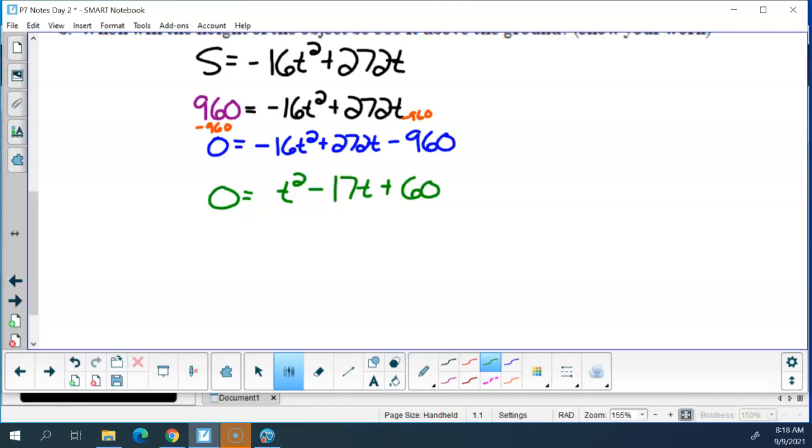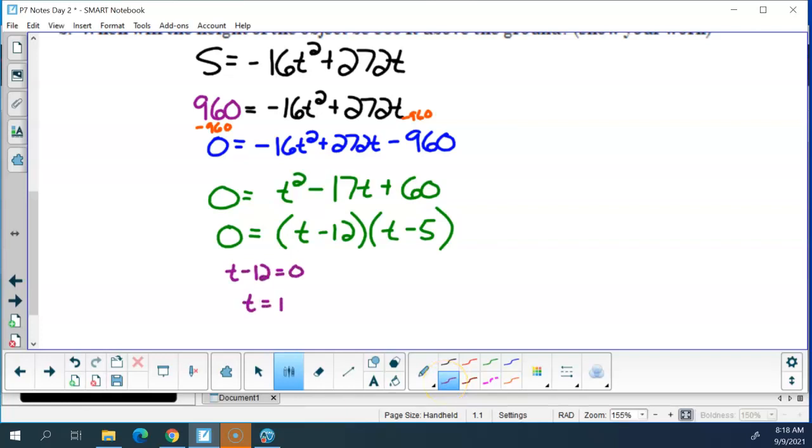12 and 5, but it would be minus 12 and minus 5, right? Which then is going to mean that, correct?